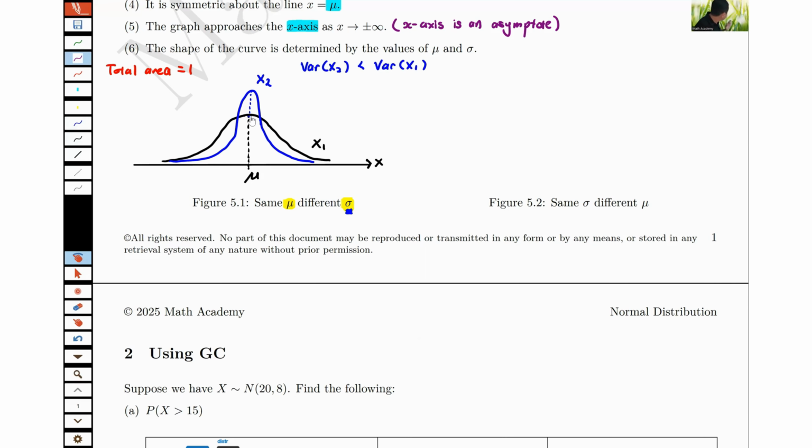For your x2 curve, because it is higher in the middle, we can think of your values as more concentrated at mu. Most of your area is contained in the middle because you have a higher peak. Most of them are inside the center. If your values are concentrated in the middle, it also means that your spread is smaller.